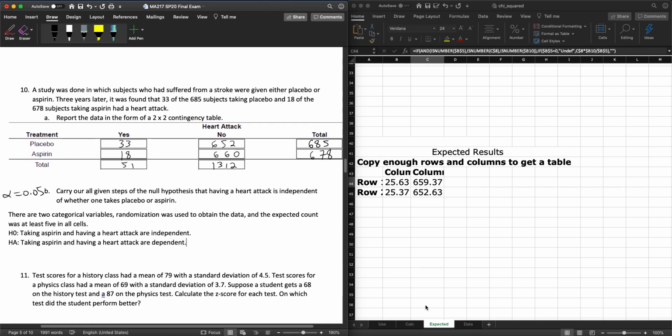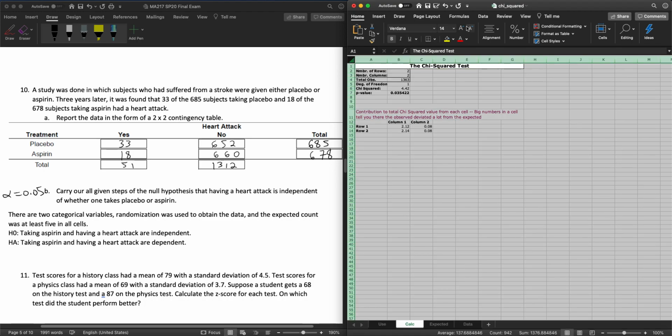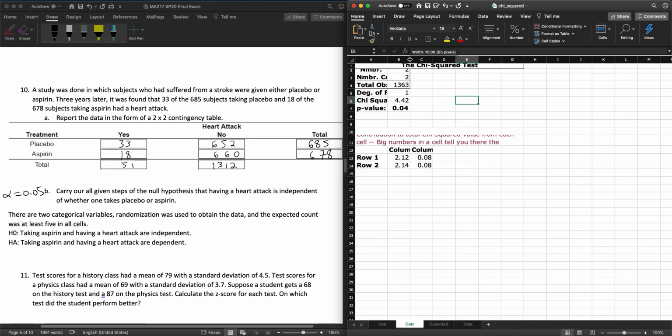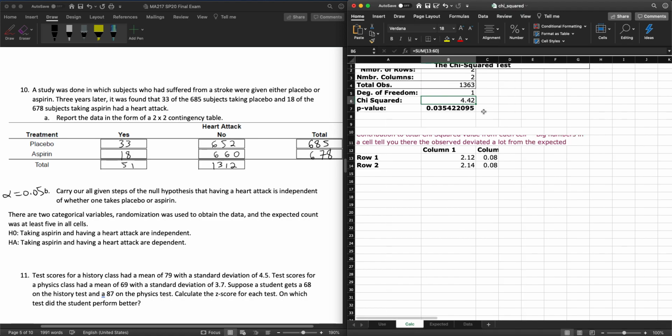We can run this hypothesis test in this template I have here to the right. Again, let me just make that a tiny bit bigger. We could see that we have a chi-squared test statistic here of 4.42. Since we want to run this to 3 decimals, though, let me expand this out a little bit.